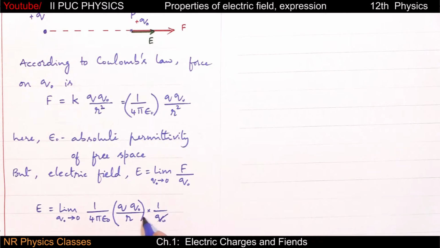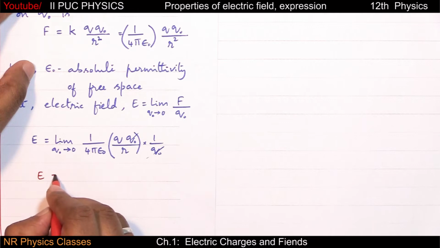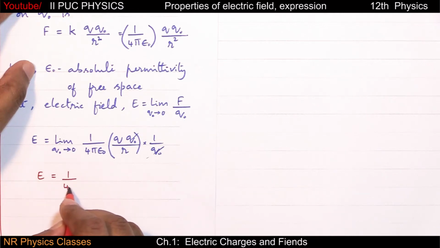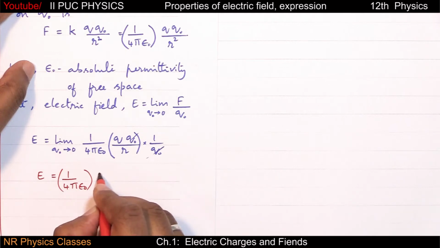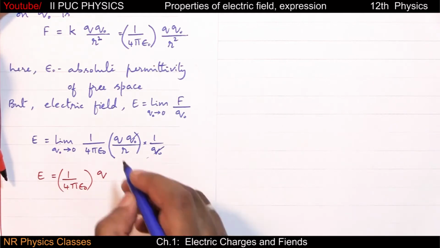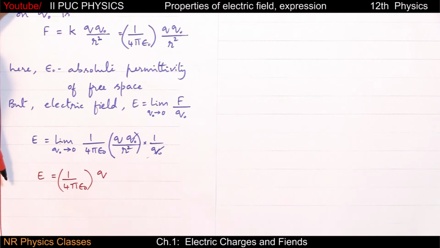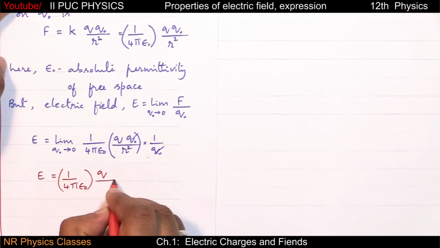Observe, Q0 gets cancelled. If there is no Q0 term, then the limit Q0 tends to 0 is meaningless, so we can drop this. Therefore, electric field equals 1 by 4 pi epsilon naught Q by R square.